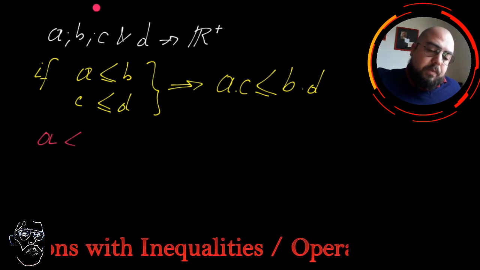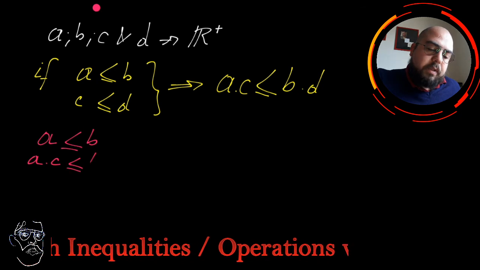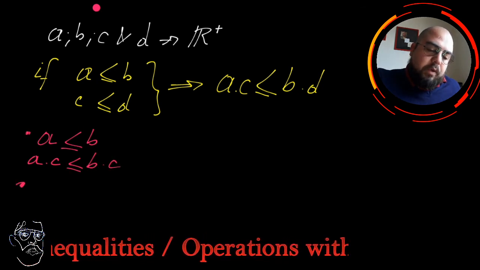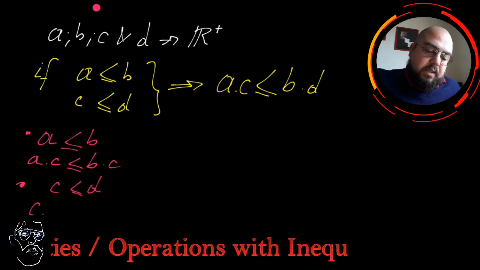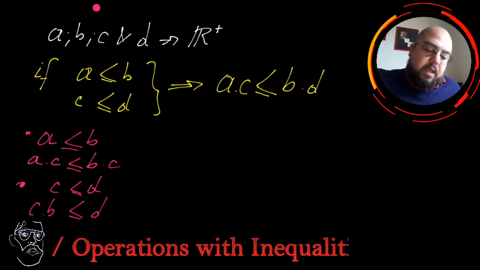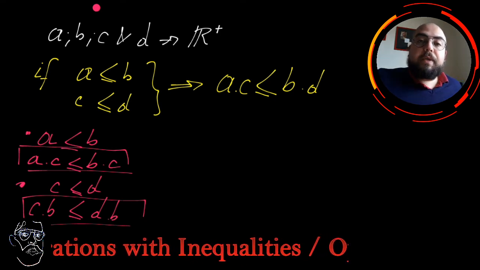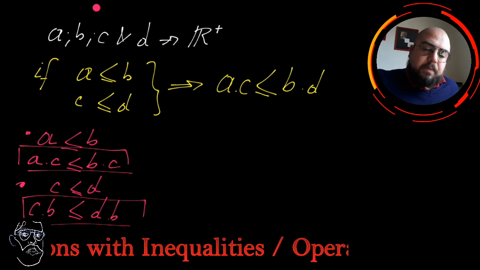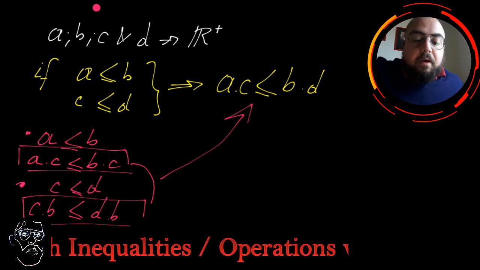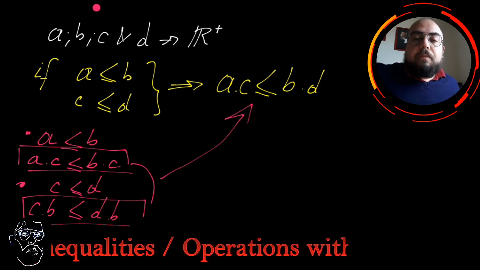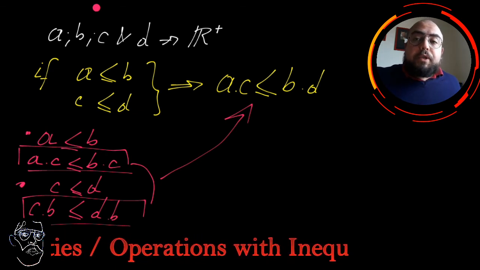You have A smaller than B. Whenever you're multiplying by C, which is positive, the inequality will remain: A times C smaller than B times C. The second case is when you have C smaller than D, you will multiply by B, which is positive, so C times B will be smaller than D times B. And from these two lines you can deduce that A times C is smaller than B times C, which is smaller than D times B. So from these two you will have this property, which you can use as a general result, general property. That's all for this video related to operations with inequalities.